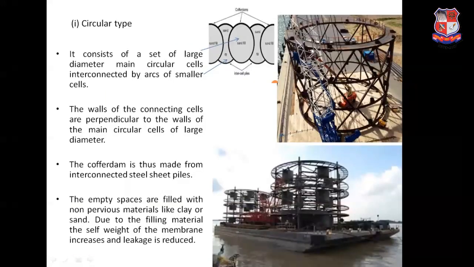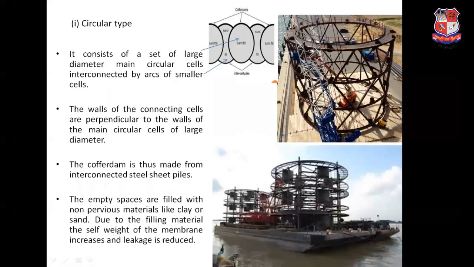Now let us see what is happening in this circular type cellular cofferdam. This type of cofferdam consists of a set of large diameter main circular cells interconnected by arches of small cells. You can see in the figure with the arrows.